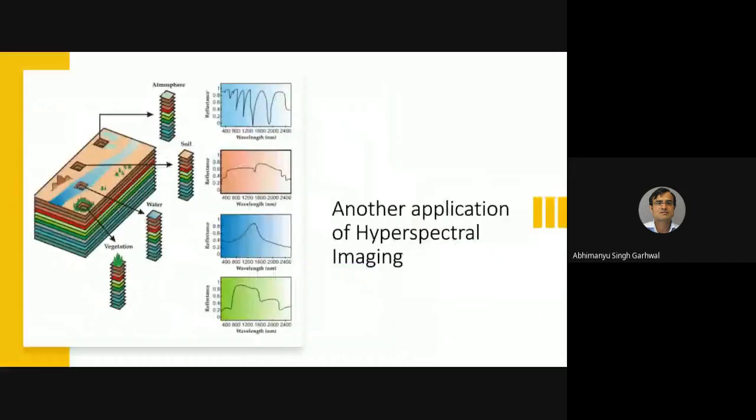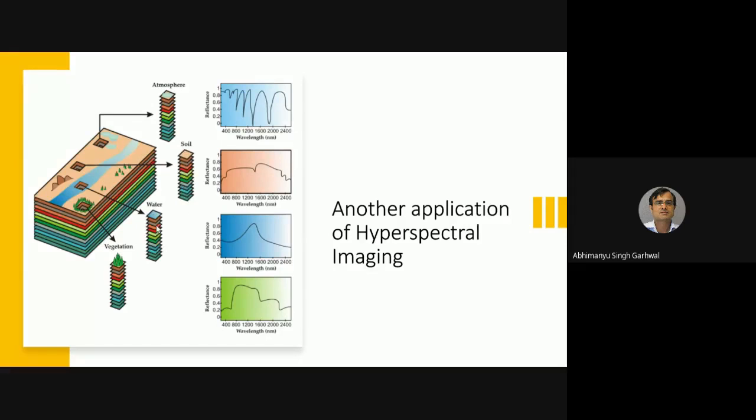Another application of hyperspectral imaging: this is a field area scanned from an aeroplane, which has some water, some field, some soil, some rocks. Suppose we capture 235 wavebands. These are the pixels at different wavelengths for the atmosphere. These are the pixels of the soil at different wavelengths.